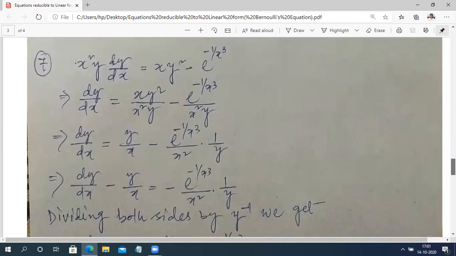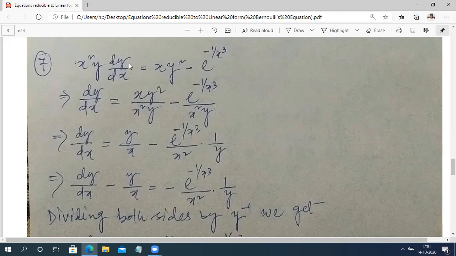Now this is your given equation: x square y dy by dx is equal to x y square minus e raised to the power minus 1 upon x cube. Now first write what is your dy by dx.